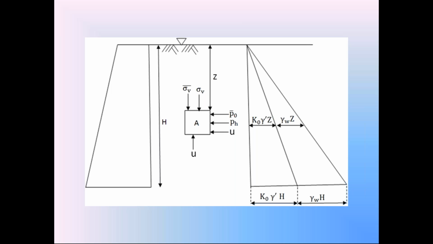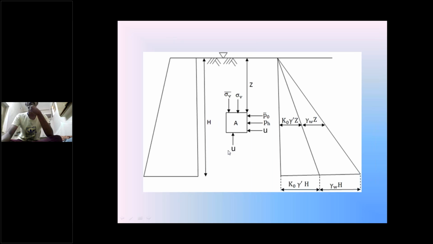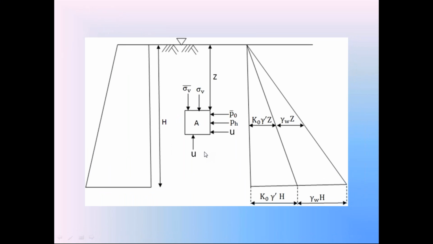In the saturated condition, that is when the water table is at the top of the backfill, the pore water in the soil applies the pore water pressure on the soil, that is small u. In the stability of slopes, I explain this pore water pressure.